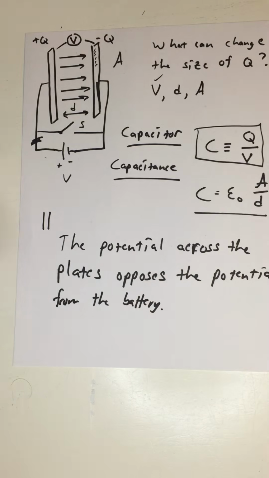That should just stand to reason, right? If I charge this up with a 9-volt battery, I develop a negative 9-volt potential across these plates. If I charge these up with a 2-volt battery, I develop a negative 2-volt potential across the plates. That is after it is charged, right?